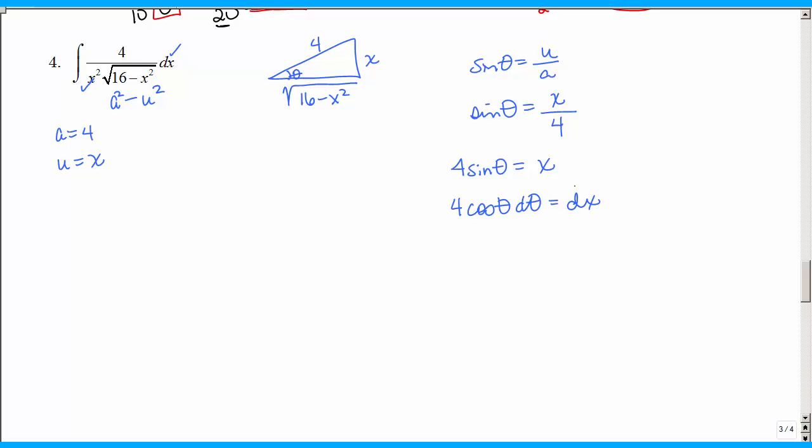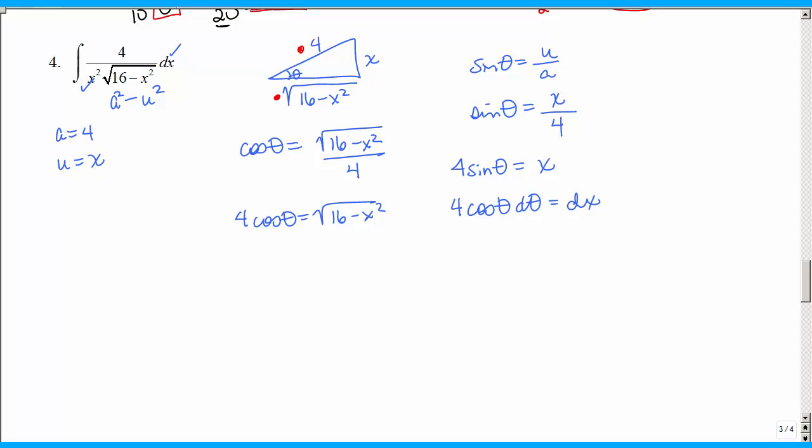And then the only other thing I need is the square root. So I go to my triangle, I choose that side, and the side without the variable, and I go, okay, I could use secant or I could use cosine. I think cosine is the better route. So that would be adjacent over hypotenuse, and since I need the square root by itself, I'll multiply both sides by 4.